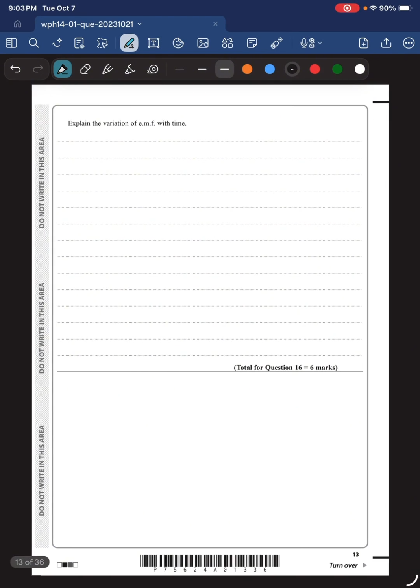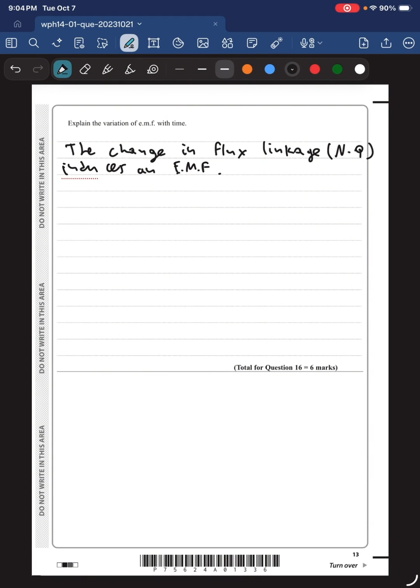The way to answer this is that the change in flux linkage, and remember flux linkage is given by N, the number of turns, times the flux in each turn, induces an EMF.